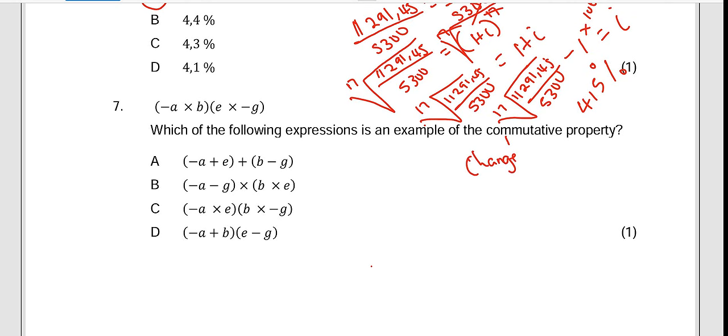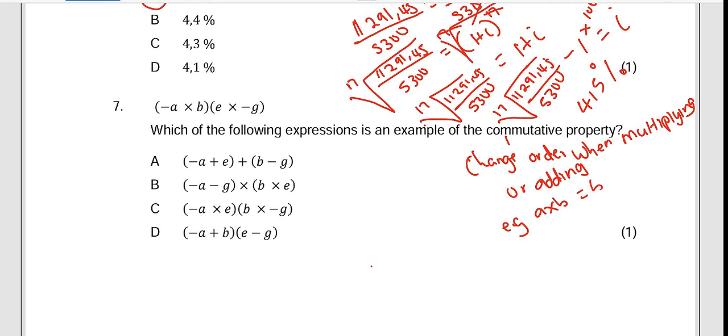For example, A times B equals B times A.